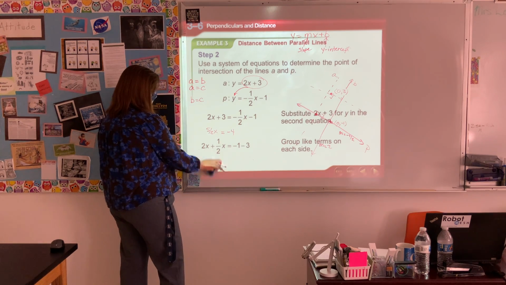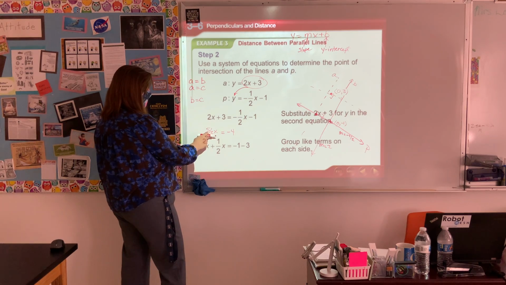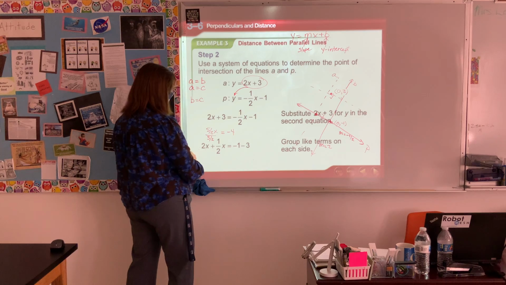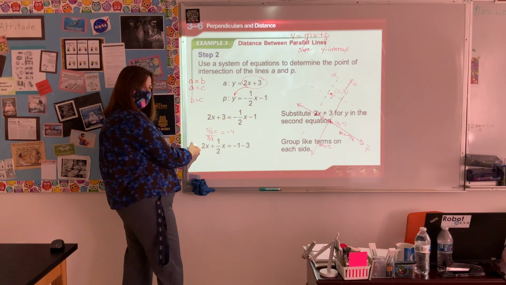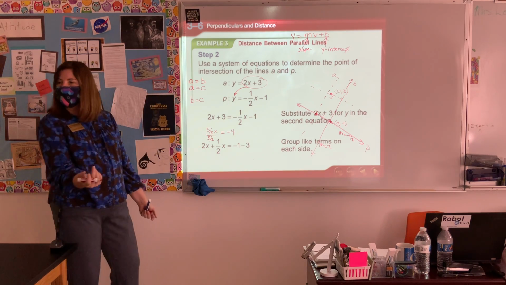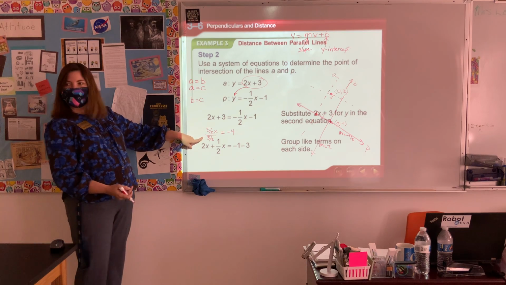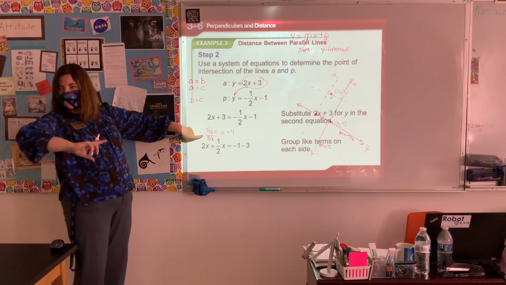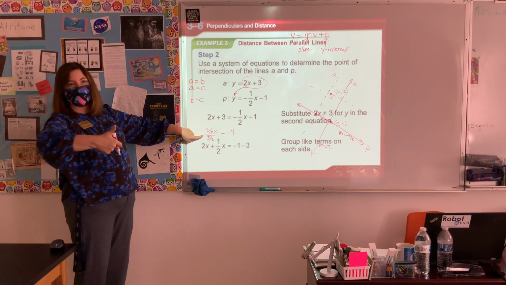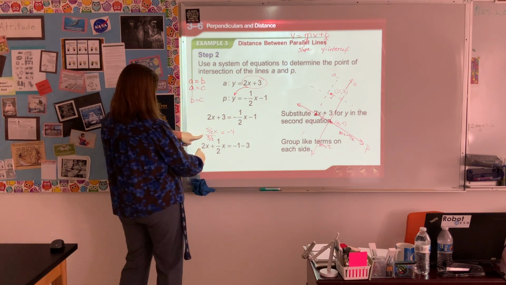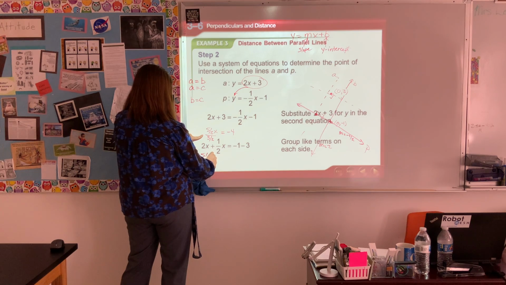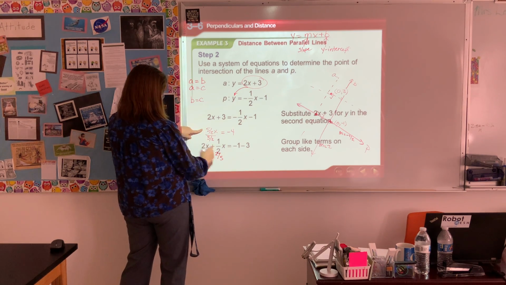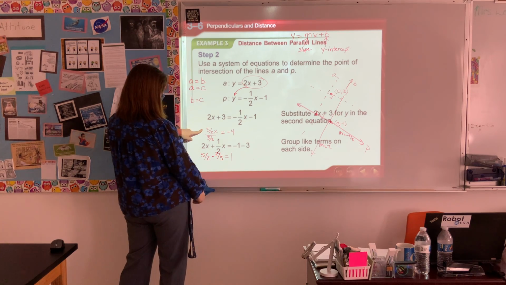How do I get rid of this? I have to divide. If I'm dividing by 5 halves, do I know how to do that? Are we comfortable? 5 halves divided by 5 halves? When that looks like that, I need to flip and multiply. This is going to be 5 halves times 2/5, okay, which is equal to 1.